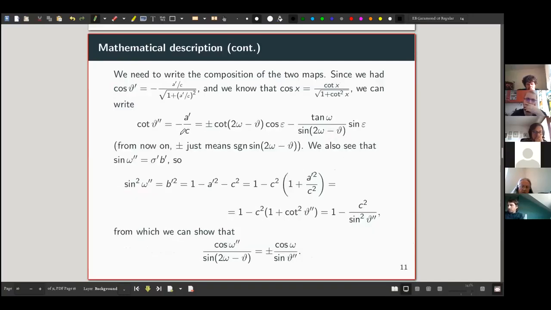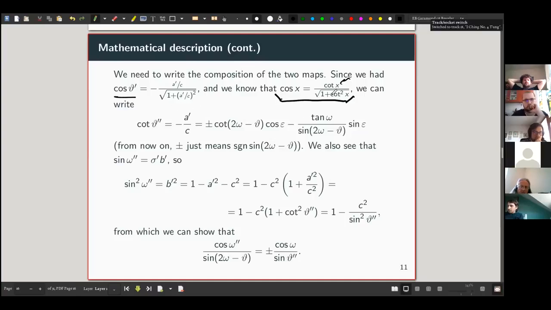But first of all, let's get rid of this ugly square root. And one nice thing is that we can use this kind of formula to re-express the cosine in terms of cotangents. So if we keep the cosine here, we will get an ugly formula with an ugly square root.